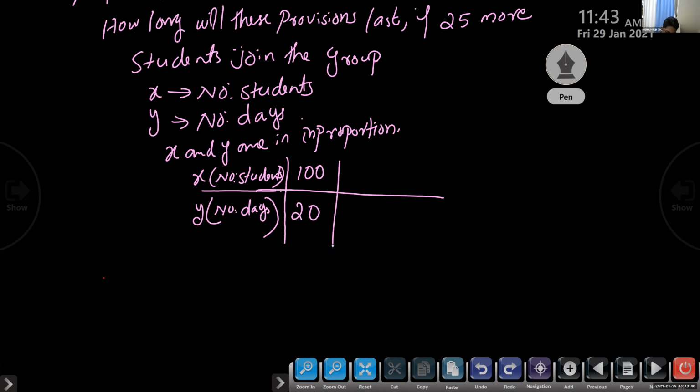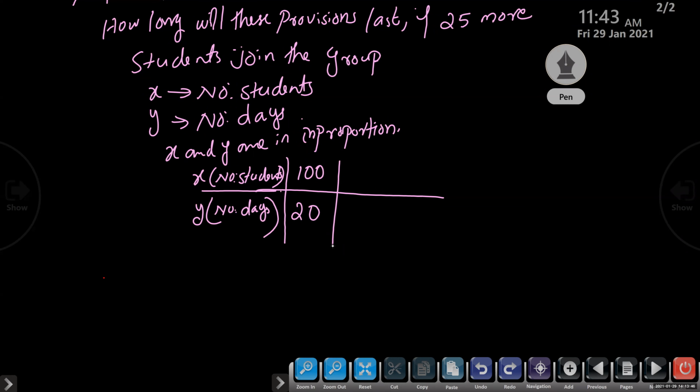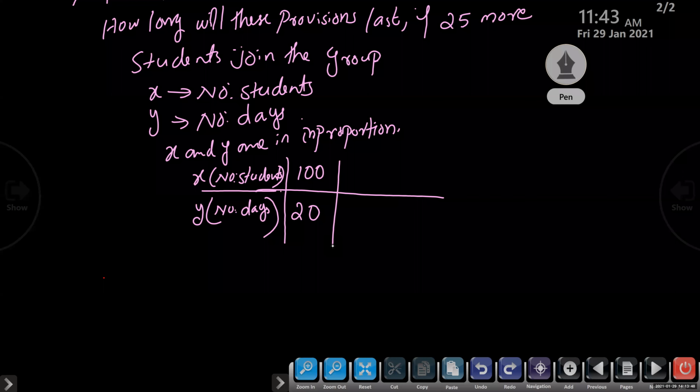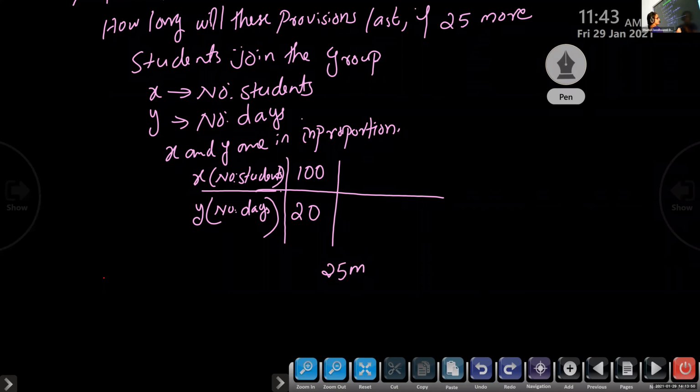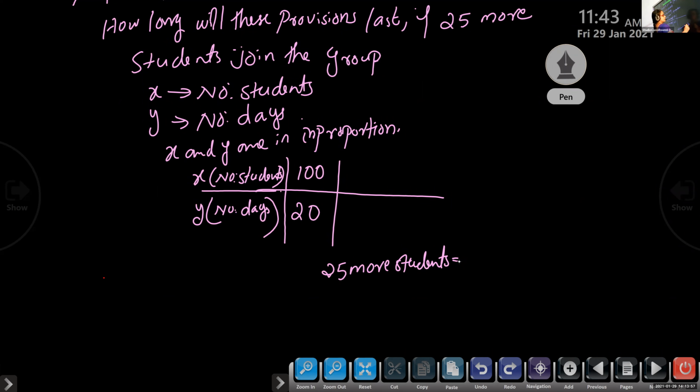And what next? When we increase the number of students 25 more. 25 more students means what? 125 students. 25 more students means 100 plus 25.